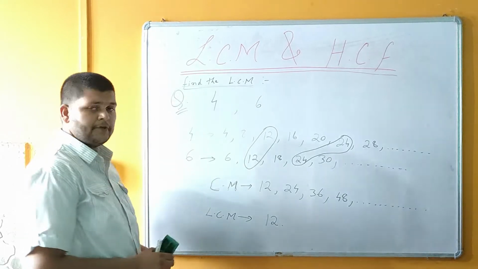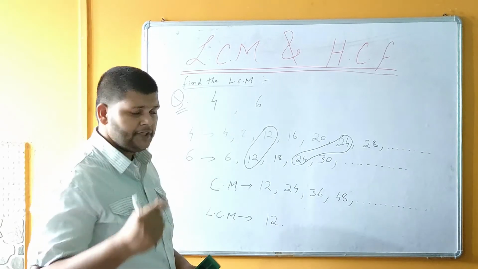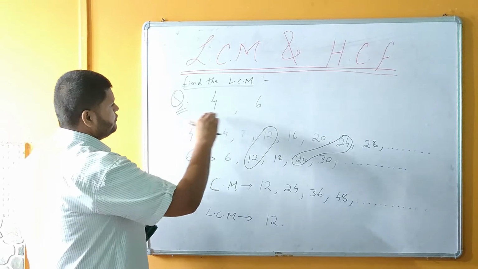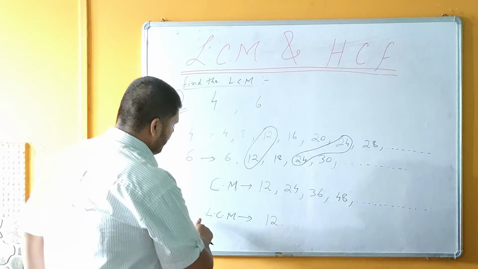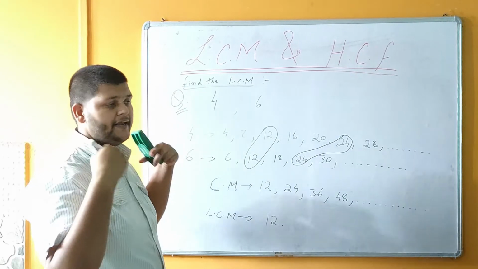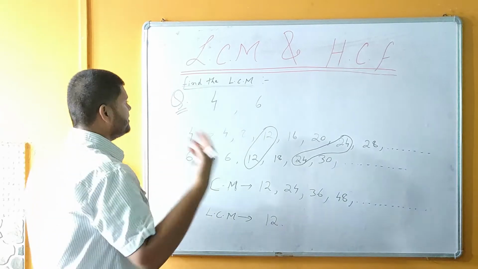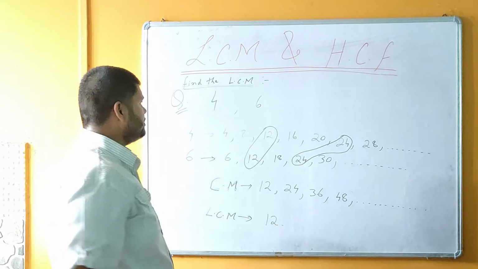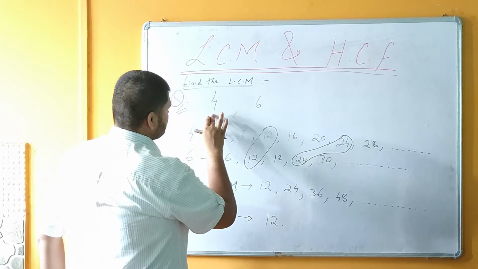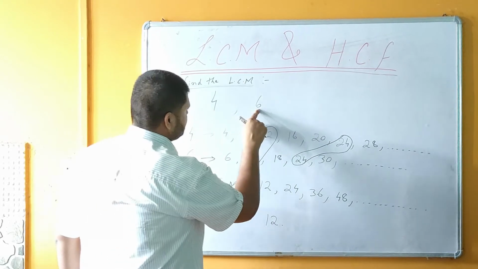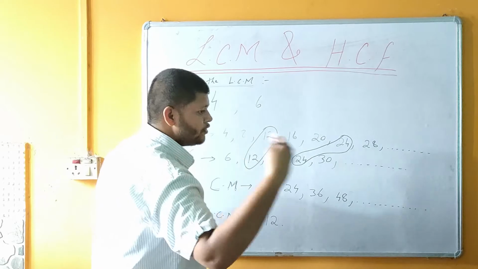So I will give you one note point which you need to remember. Every time you have to follow this rule. In this way only you will find the LCM for any two given numbers, any three given numbers. Here I have taken only 4 and 6, but you can take even more than that.